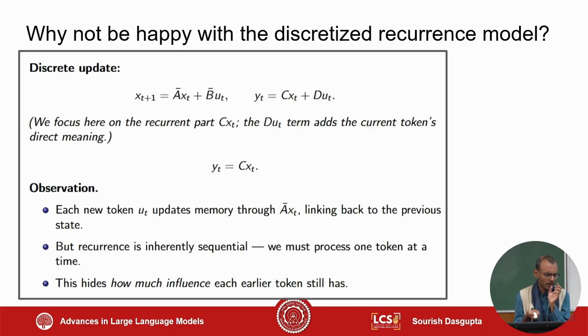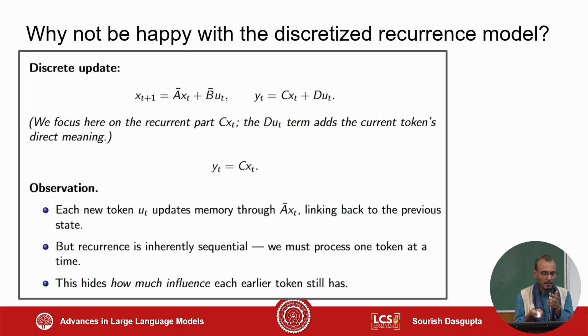So if we look at what's going on, each new token u t that comes at a particular time point is updating x t via B bar, and B bar is associated with A bar.